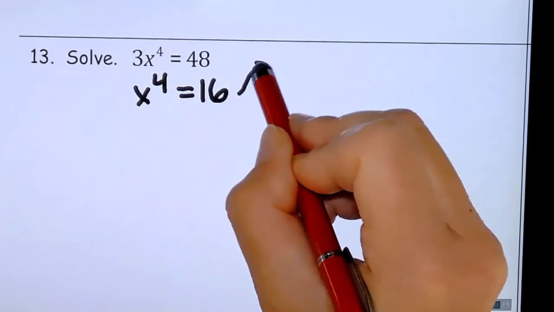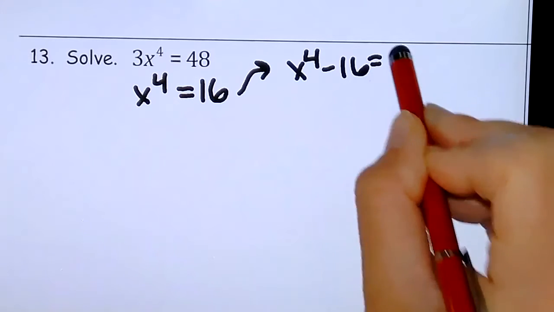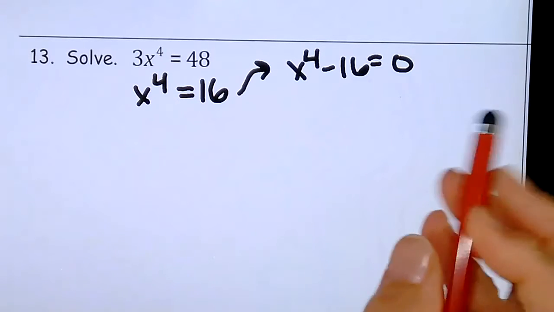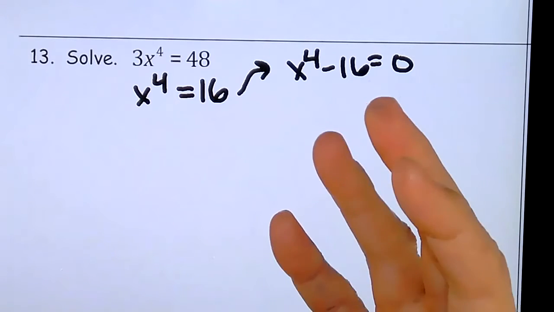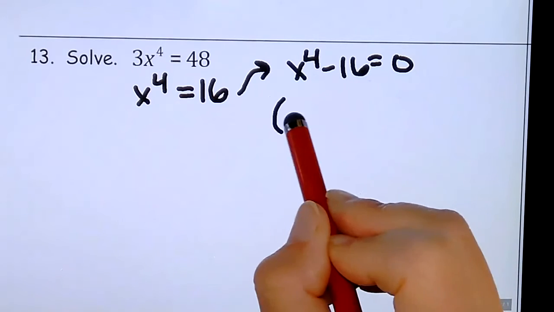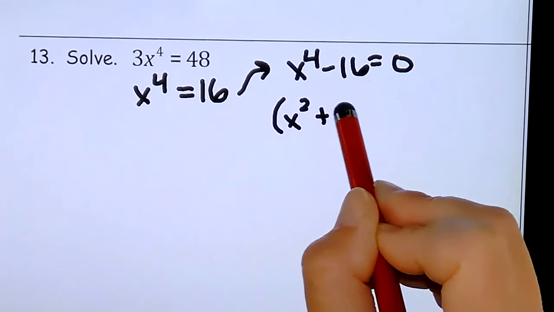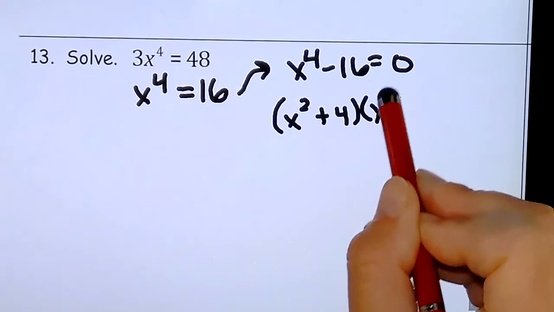This really could be an x to the 4th minus 16 equals 0. And then I can factor this, okay? And so this is going to be a difference of 2 squares, x squared plus 4, x squared minus 4.